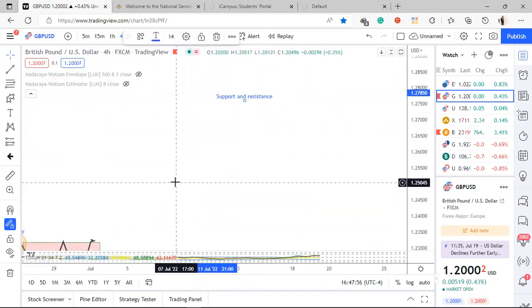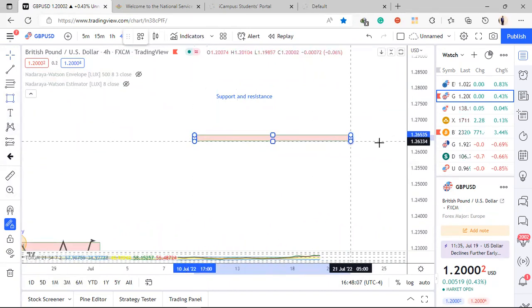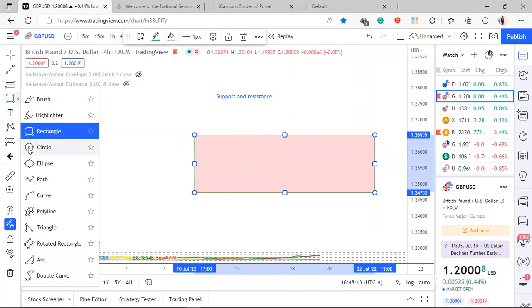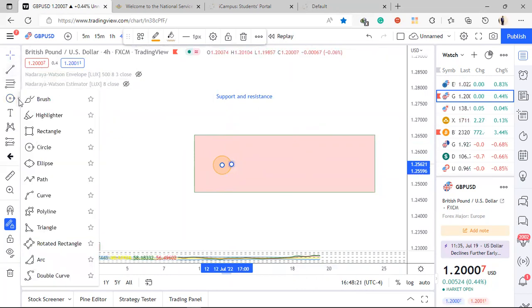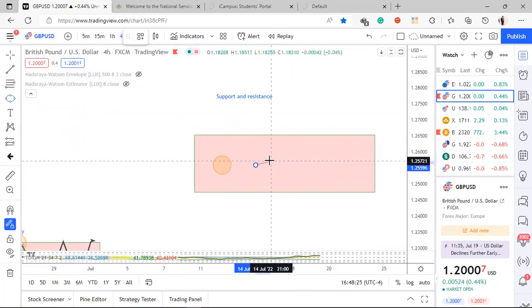Now, when we talk about a support, we are going to take this example. So let's say we have a rectangle like this. Then we have a baseball inside a rectangle like this.